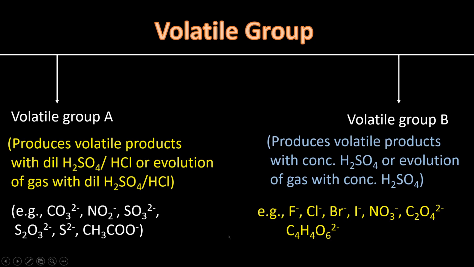And under this category, we have carbonate, nitrite, sulfite, sulfide, thiosulfate, and acetate radicals. And the subgroup B, that is volatile group B, produces volatile products or evolution of gas with concentrated sulfuric acid. And under this group, we have acid radicals fluoride, chloride, bromide, iodide, nitrate, oxalate, and tartrate.